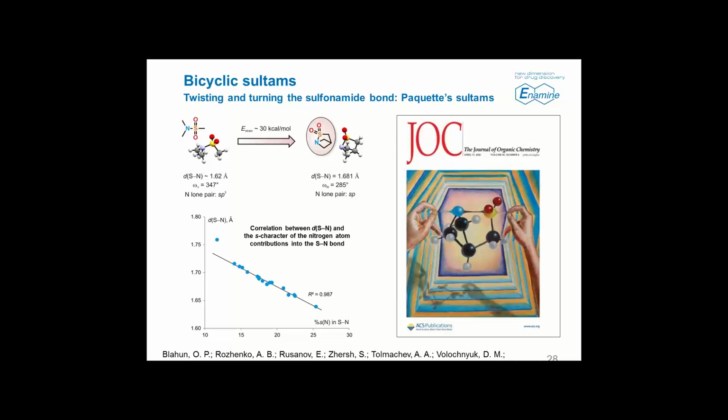Still, it is quite stable, and we believe that after proper functionalization it might be interesting, for example, for the design of covalent inhibitors. Again, this compound was highlighted on a journal cover by this very nice painting, a real painting done by an artist and then photographed for the journal.